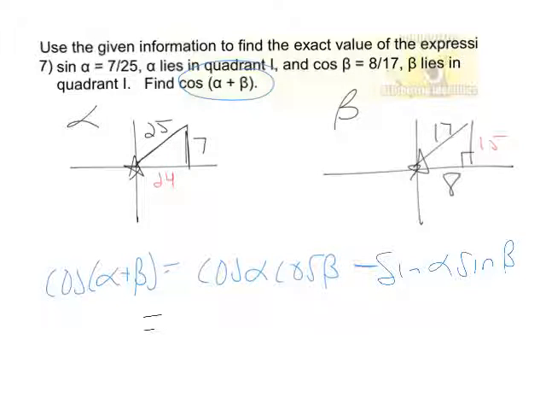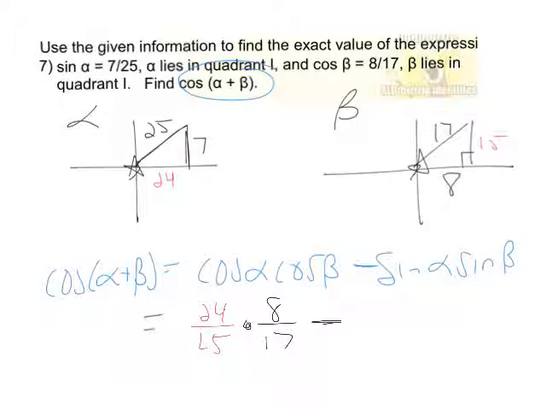We want the cosine of alpha. So we go over to our alpha drawing. Cosine is adjacent over hypotenuse, so that is going to be 24 over 25, times cosine of beta. Well, we actually already had that, but we can also see on our triangle that it's 8 over 17.